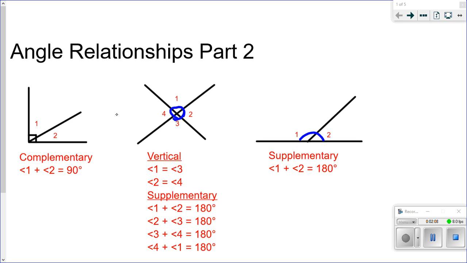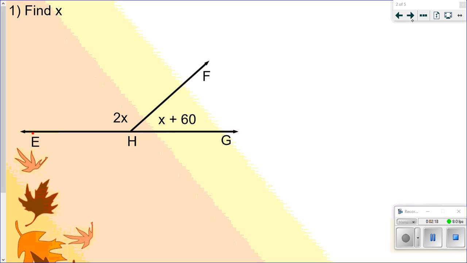So now we're going to use these relationships to solve for a variable. So it's basically mixing this with algebra. When you see a straight line that's been split, what you should be thinking is supplementary.